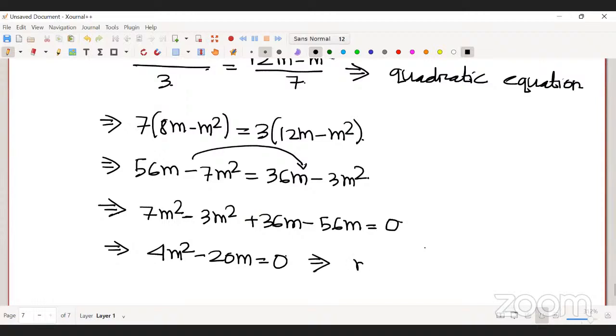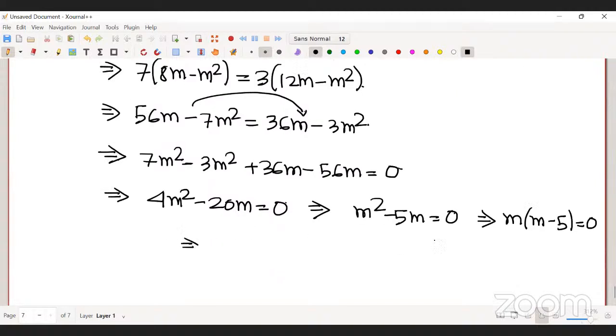So this is basically m square minus 5m equal to 0. That means m into m minus 5 is 0, right? That means m is either 0 or m is equal to 5.